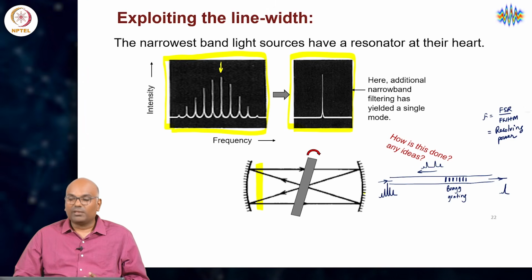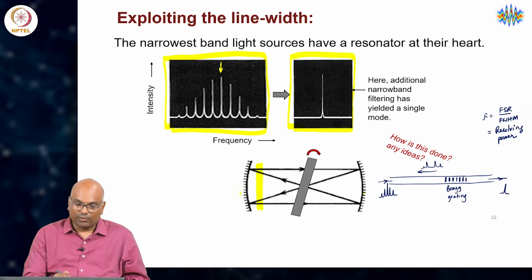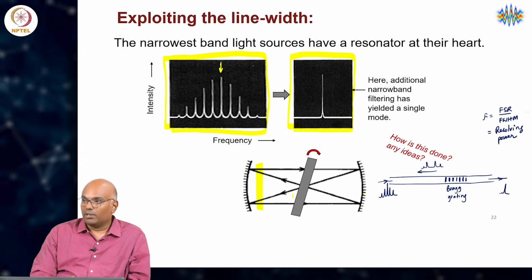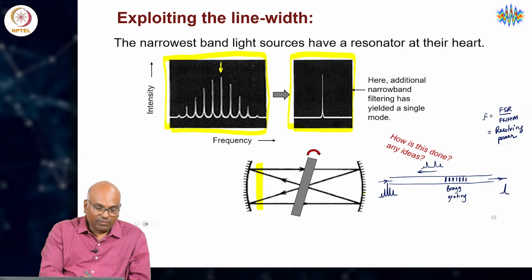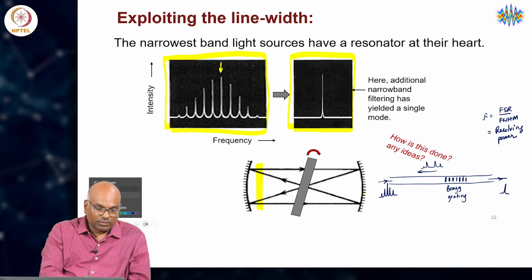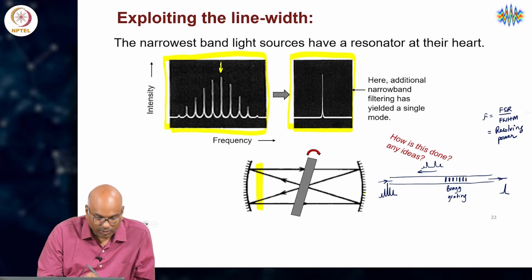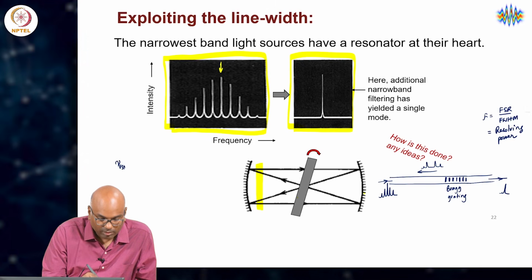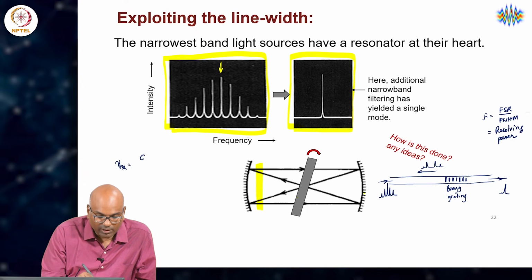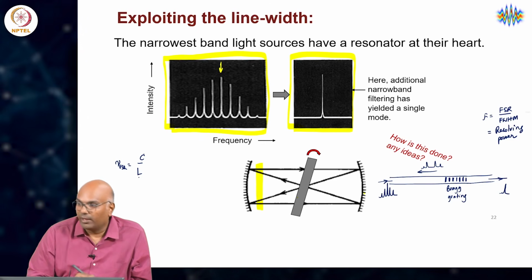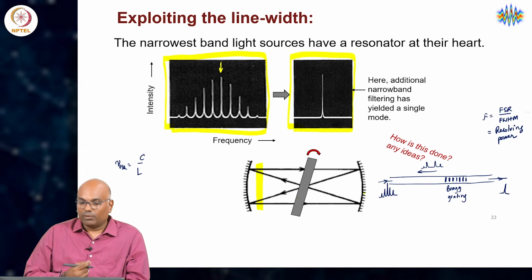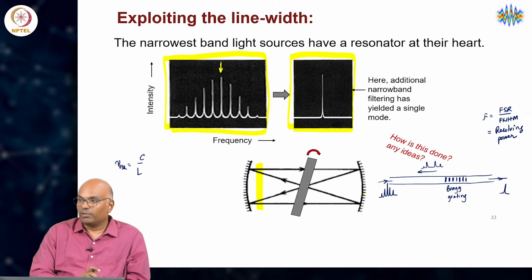Assuming the reflectances to be quite similar for both the resonators, the outer one and the echelon inside, merely the fact that we wrote this down, did we not? Nu FSR is C divided by L. L is the round trip path length, it is approximately twice the thickness or twice the width of the resonator.